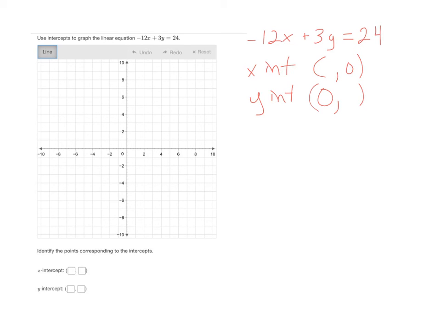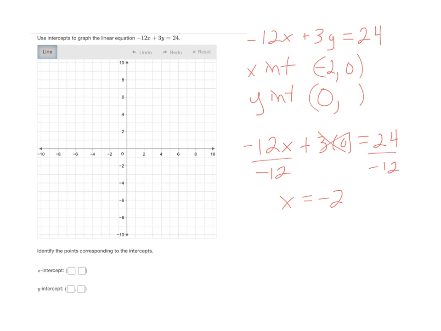So let's start with the x-intercept. If my y is 0, that would be negative 12x plus 3 times 0 is equal to 24. 3 times nothing is nothing. I'm going to divide both sides by negative 12. That gives me x is equal to negative 2.